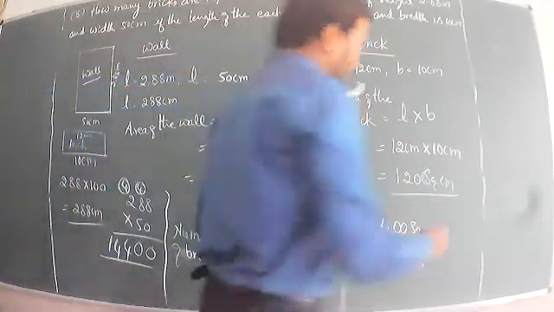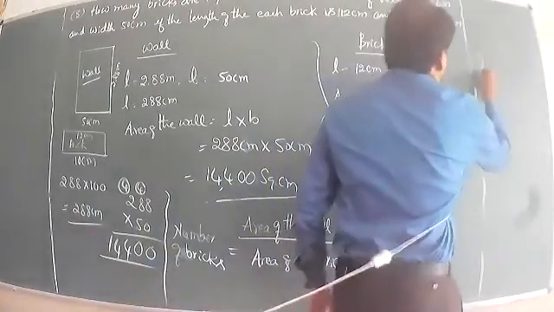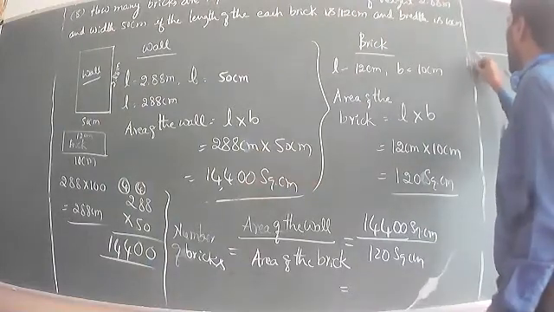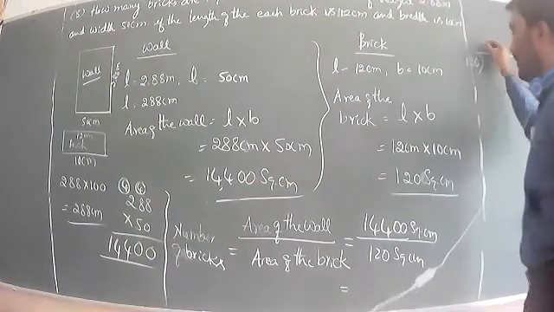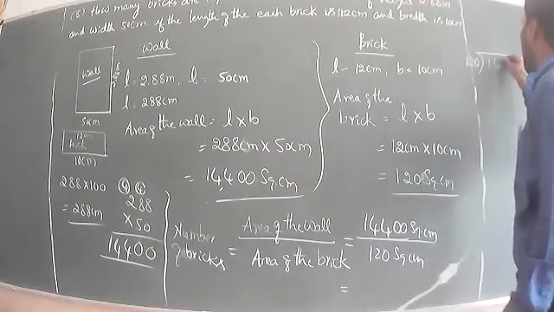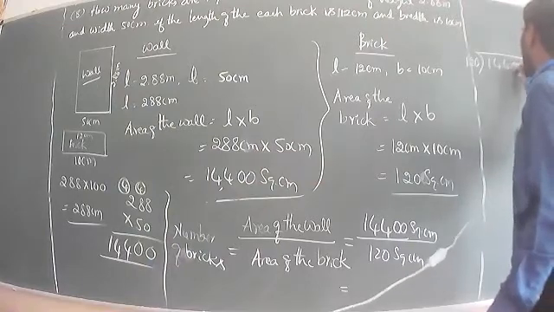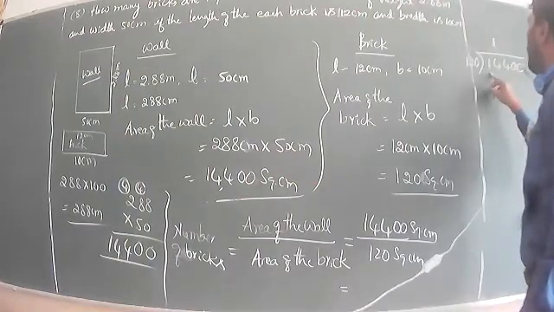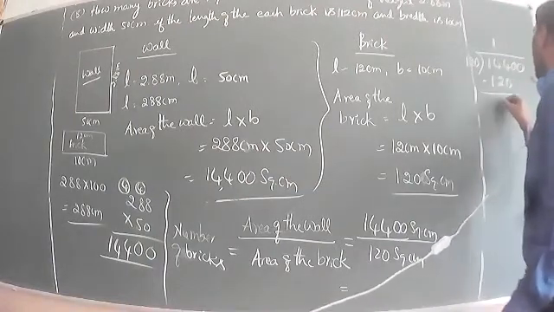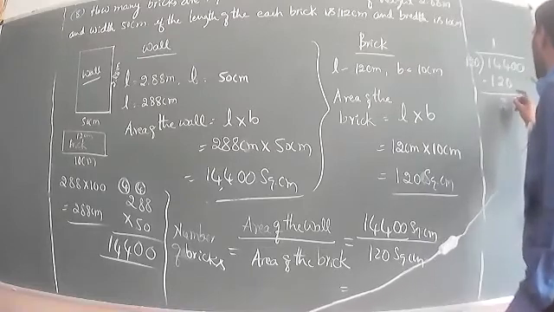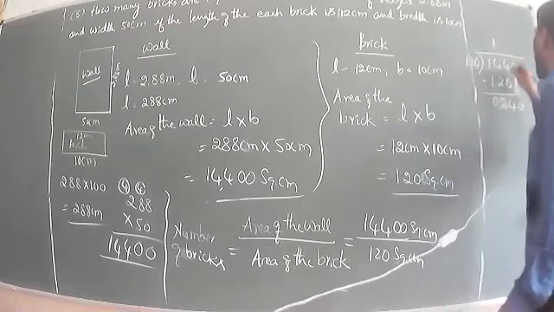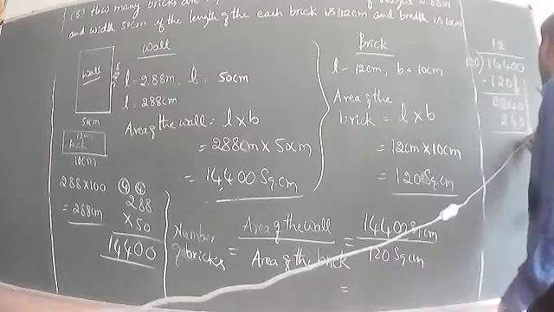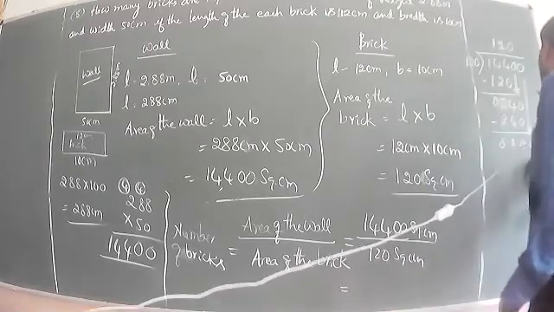Now we can divide. 14,400 divided by 120: 12 on the 12, 120 on the 120, then 44, 24, 240, 12 twos are 24, 240, then 120, 0.